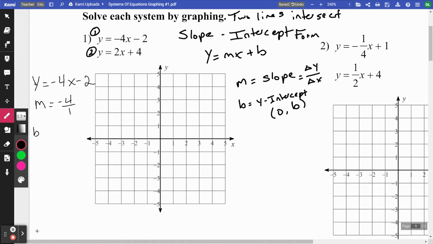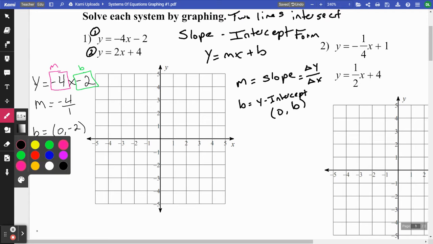Our y-intercept is always an ordered pair. X is 0. The y value is negative 2. So, like I said, this right here is your y-intercept, and then the coefficient being multiplied by the x, that is your slope.